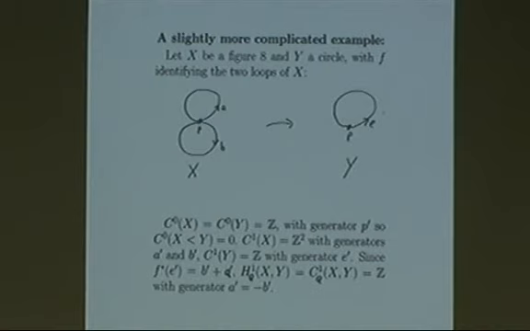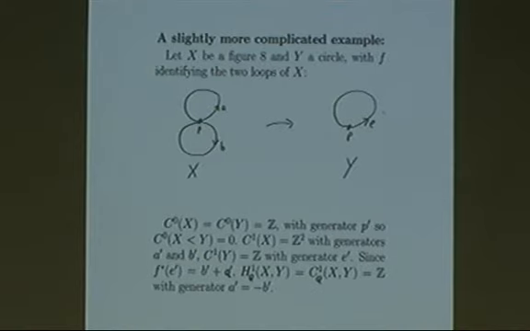And there you have the same thing: if you call the edge of the circle E, again the relative cochain, the quotient cochain, you have C1 is just Z, C1 of x is Z squared, the pullback of C1 of y is Z, the quotient of the two is Z, so the relative C1 is Z, the relative C0 is nothing, so the relative H1 is Z. And the generator of that, you could take the generator to be A prime, and A prime is minus B prime, because A prime plus B prime is a pullback.